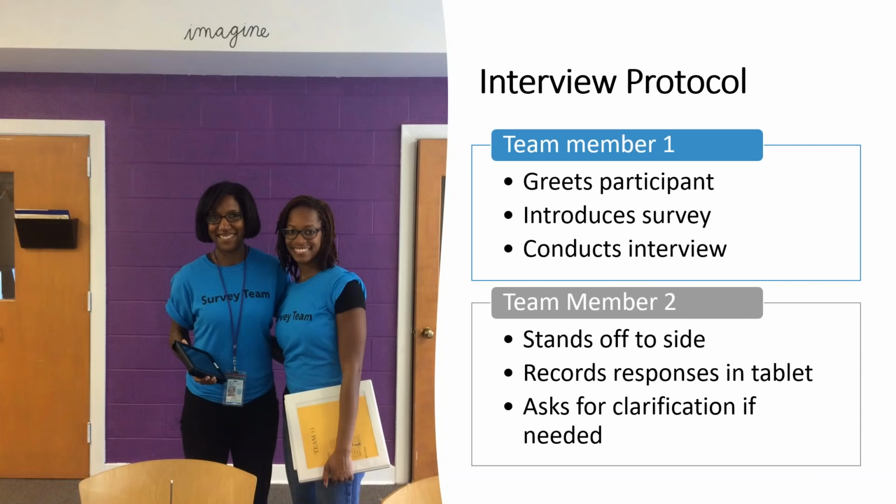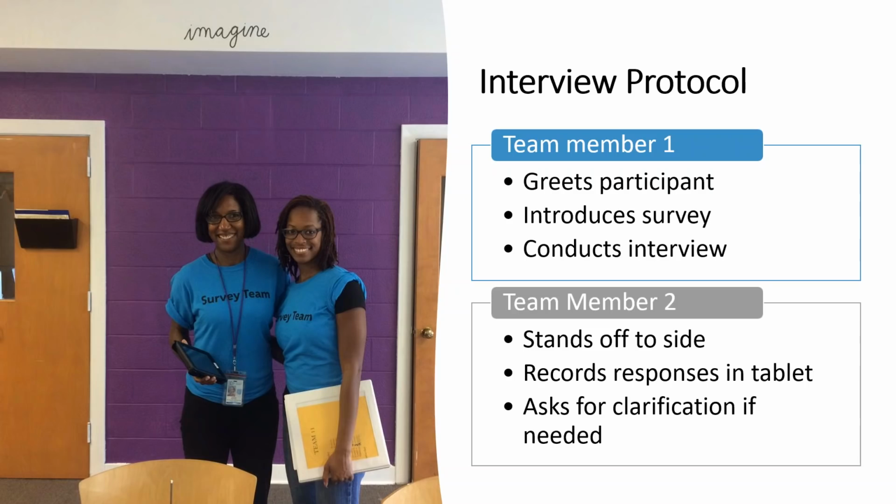Okay. I mentioned a few times that you're going to be partnered up. The way that it works is one team member is going to greet the participant when you knock on the door. They're going to explain what the survey is about, and then they're going to be conducting the interview. So they're the person who's reading off of the survey script, and then team member 2 is going to be standing off to the side.